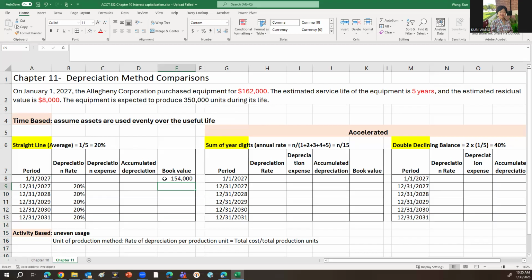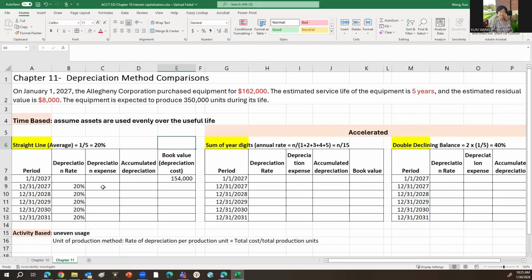So after I have the depreciation base, or if you think of it as the book value, I will put it here. Okay, that's depreciation cost, not necessarily equal to your original cost. So after I determine the depreciation cost and a constant rate, I can easily calculate the depreciation expense each period and then the accumulated depreciation.